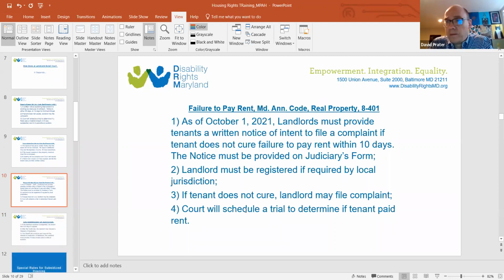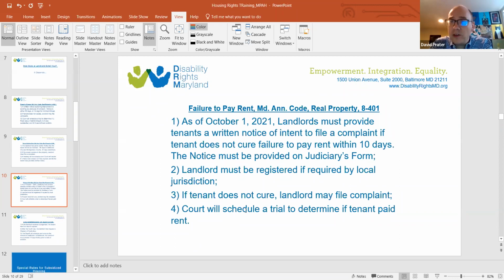The third action that a landlord can take is when a tenant fails to pay rent. As of October 1, 2021, Maryland landlords must provide a written notice of intent to file a complaint if the tenant does not cure the failure to pay rent within 10 days.